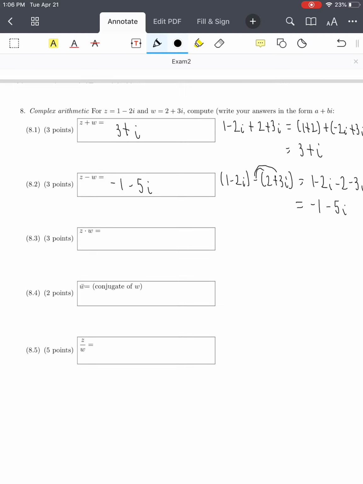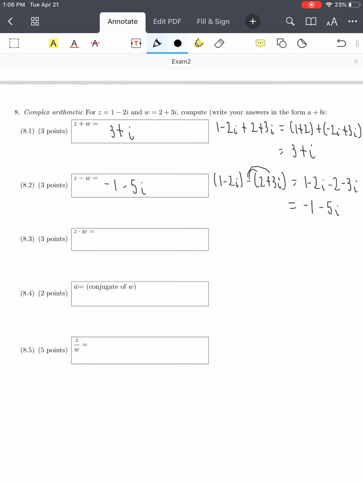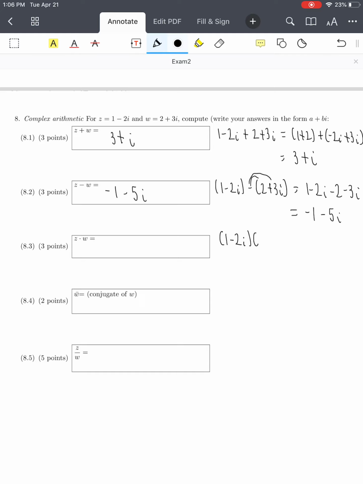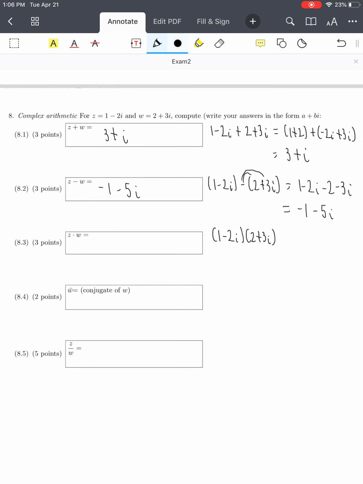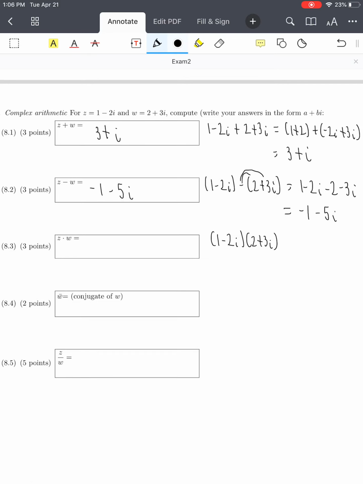Okay, z times w. So that's 1 minus 2i times 2 plus 3i. Now we're just going to FOIL it. So let's see, write it down here actually. So first 2, plus 3i, minus 4i, minus 6i squared.